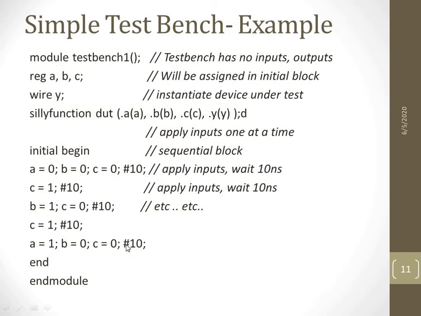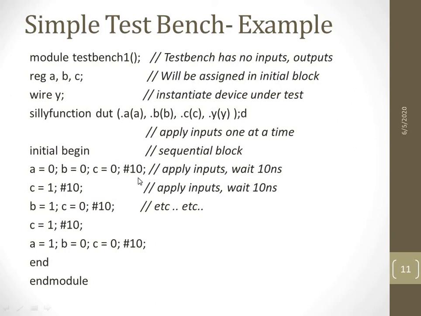So to trace and see clearly whether the output is stable, or whether the output is 0 or 1 at that particular time, we are supposed to mention the wait period or time period.